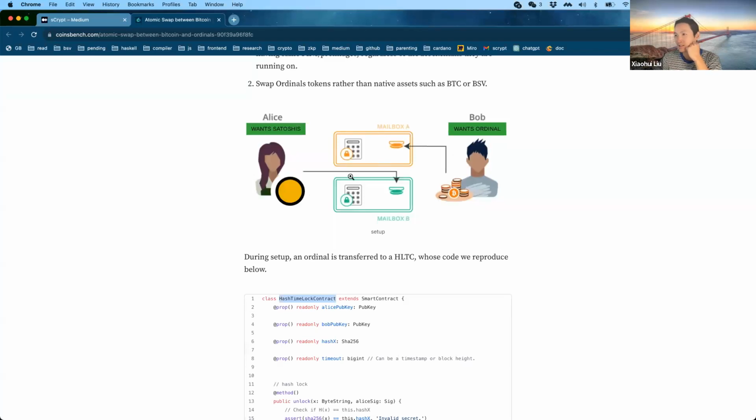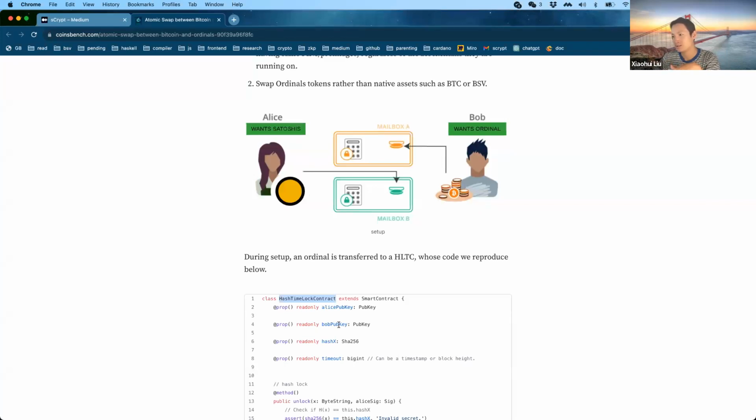You do the same thing, with one difference: instead of locking BTC and BSV, you lock up an ordinal here. But it doesn't matter because it's just UTXO and it fits very well with the smart contract. You just lock it up in the same contract. You don't even have to change a single line. So that's the message I want to deliver: whether it's Satoshis you're locking or Ordinals, you don't change the contract at all. That's the best part. It's so compatible.